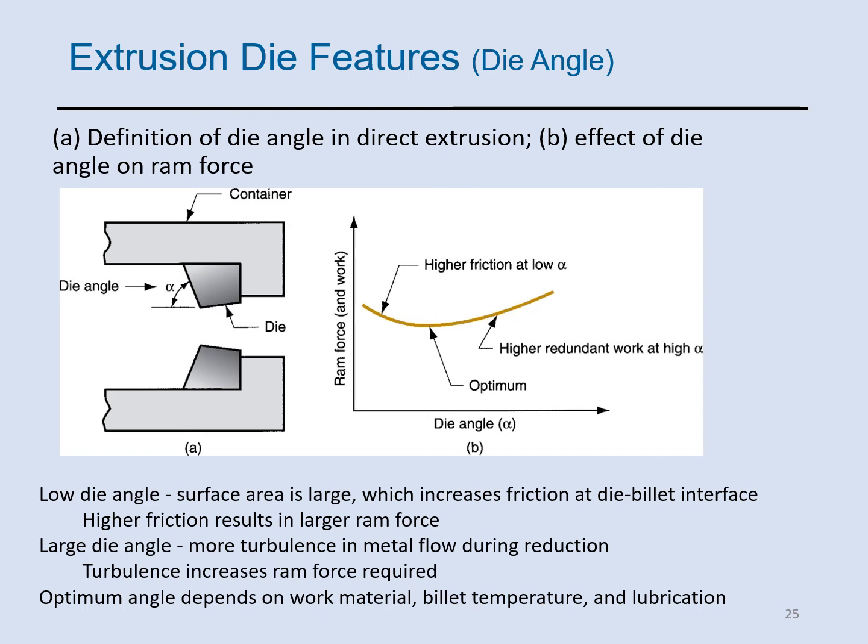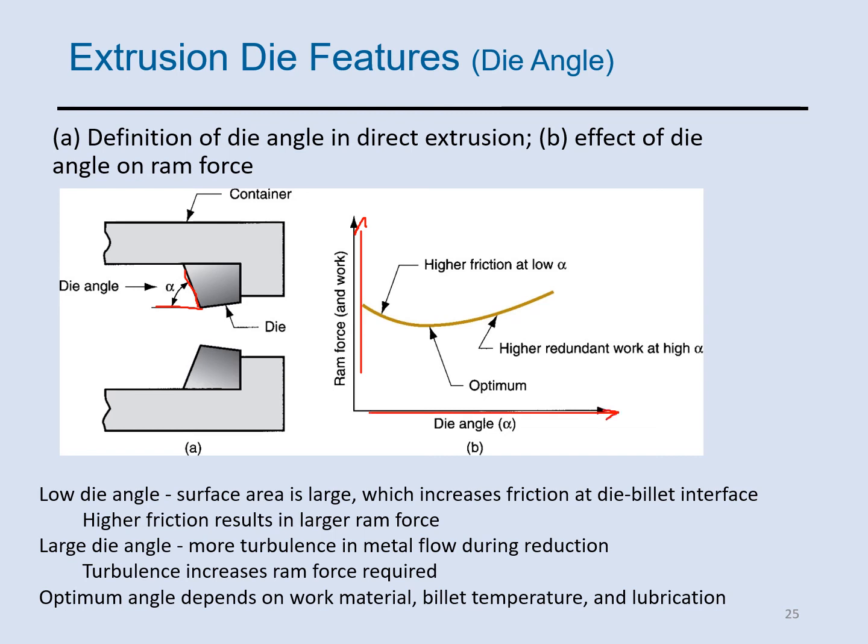There are some important factors in the extrusion process. One of them is the die angle. As you see in this picture, this is the angle between the die and the horizontal line. In this picture, you see there is a relation between the ram force and that angle.